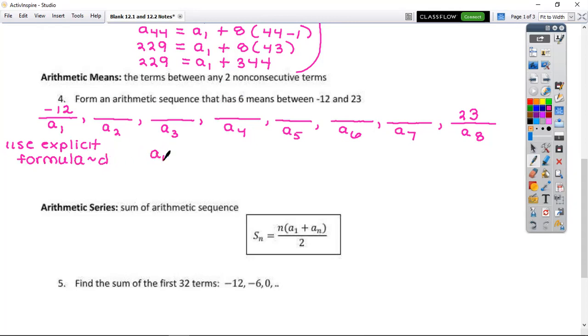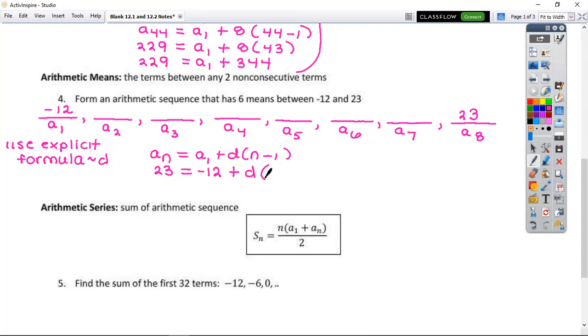So I'm going to go a sub n equal to a sub 1 plus D times n minus 1. And a sub n in this case is going to be the 8th term of my sequence, 23. And this is equal to a sub 1, which is negative 12. The D value you don't know, so I'm going to leave it as D. And then you're going to go n minus 1.